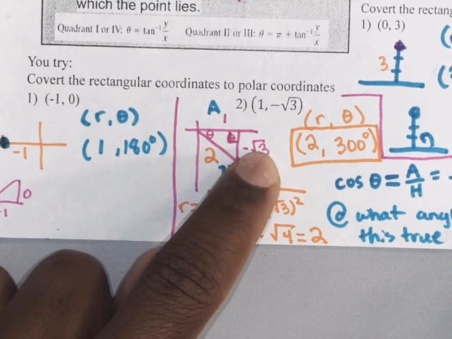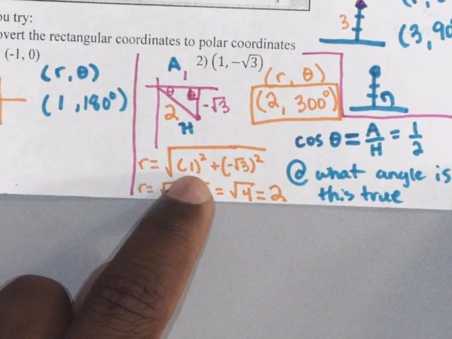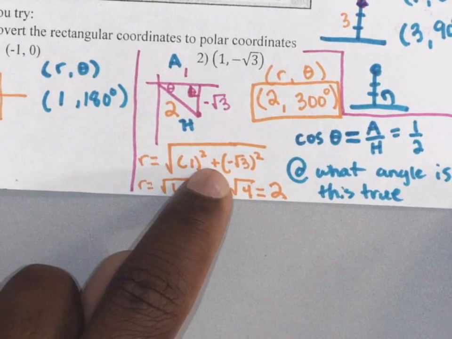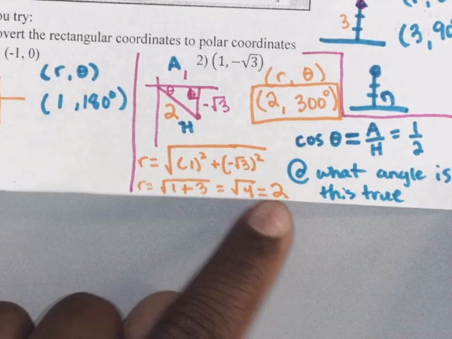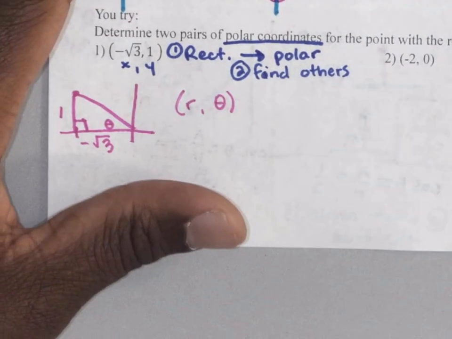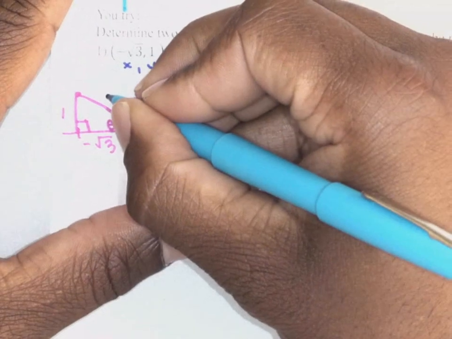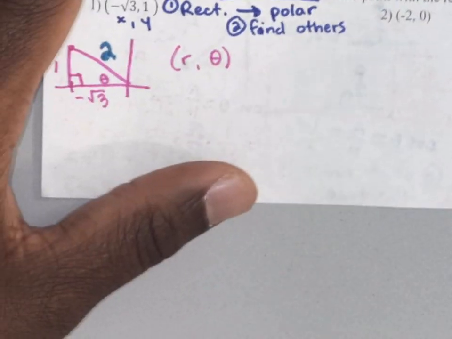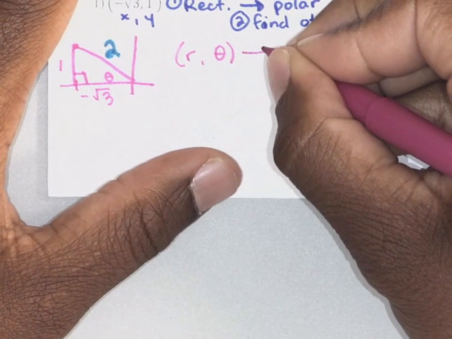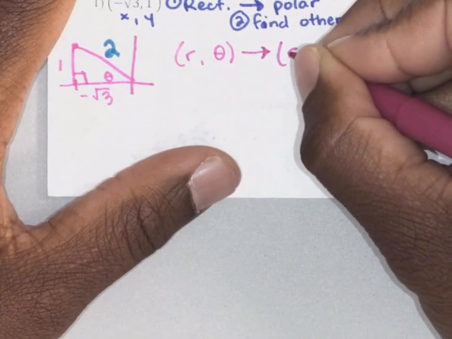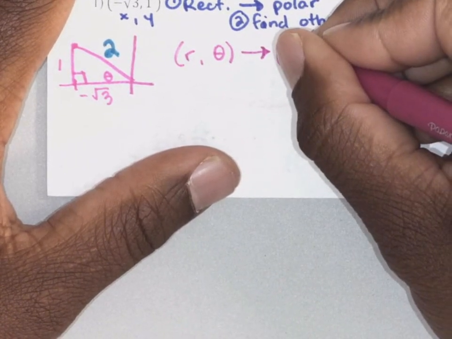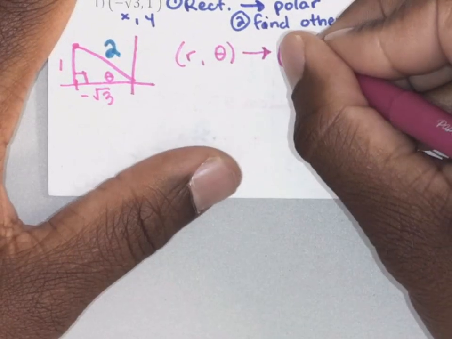We could do it again. 1 squared plus root 3 squared. 1 plus 3, square root of 4, 2. We've already done it though. Hypotenuse is going to be 2. So as I'm converting, we've already found R. We already found 2.